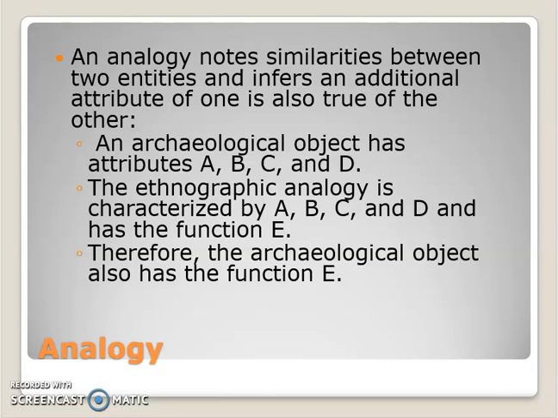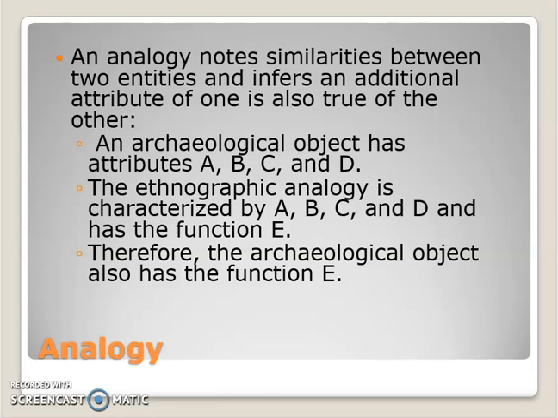An analogy refers to similarities between two entities and infers an additional attribute if one is also true of the other. This means that if you have an archaeological object that has attributes A, B, C, and D, right? So you have a clay pot that has the same temper and the same pattern on it and the same firing technique, all these things are the same.